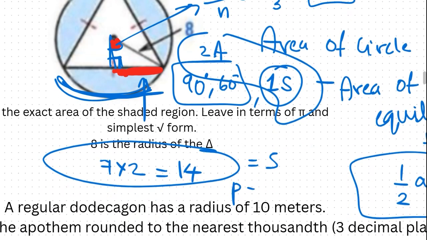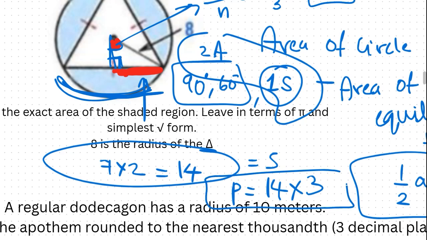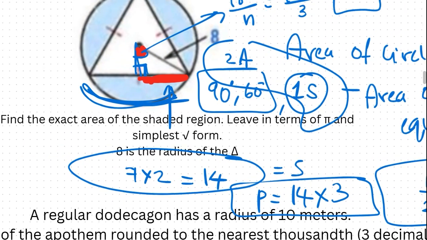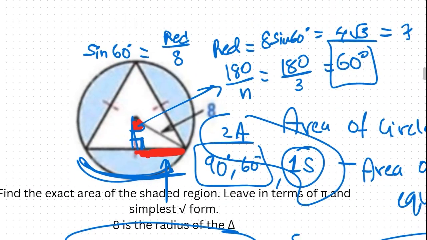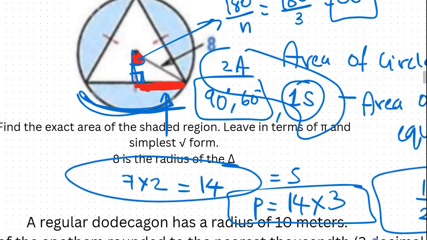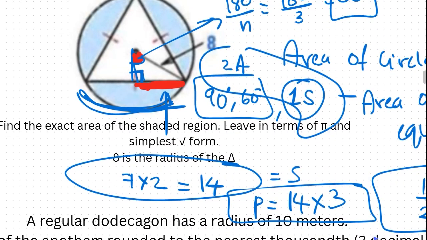Now the perimeter is how much? Oh wait, I know how we solved it by 30, 60, 90. Because we divided by 2 to get the smaller side, which is 4, and then we just times it by root 3. I got it. The perimeter is 42. The side opposite to 30 degrees will be half of the hypotenuse.